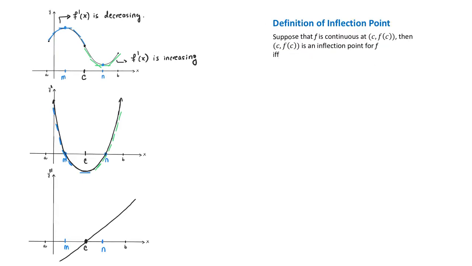Let's go over a new concept, that of a point of inflection. What is a point of inflection? Let me take you back to the first graph. Notice from A to C, this part of the graph is concave down, and this part of the graph is concave up. Concavity changes exactly at x equals c. Well, because concavity changes at x equals c, this point right here, where the concavity changes, is called a point of inflection.